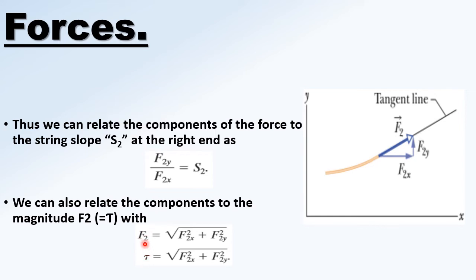So T equals the square root of F2x squared plus F2y squared.